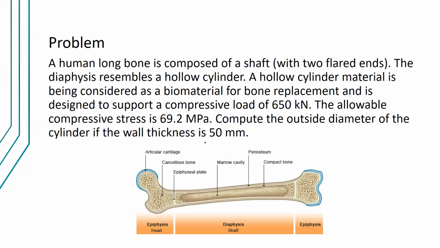What the problem says is that in designing this biomaterial for bone replacement, we have predetermined that the wall thickness ought to be 50 millimeters. If the wall should be 50 millimeters thick, what would be the size of the cylinder, or the diameter of the cylinder? Since it's a hollow cylinder, it will have a large diameter and a small diameter.